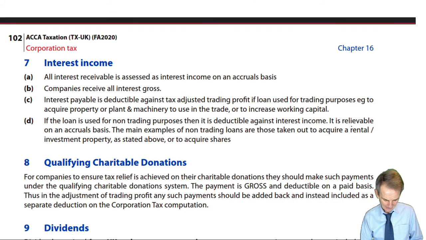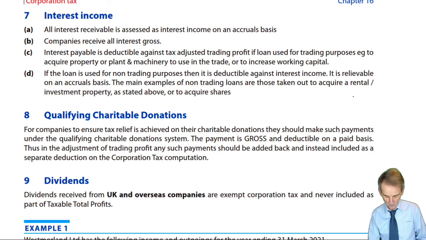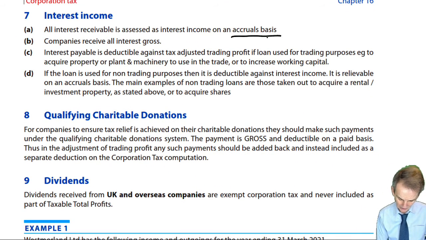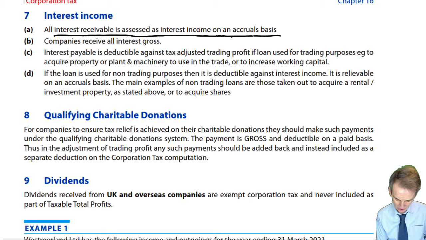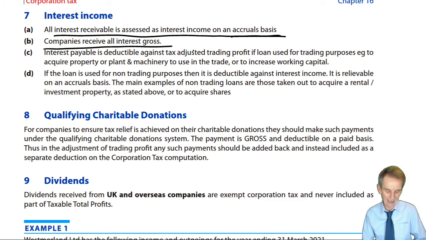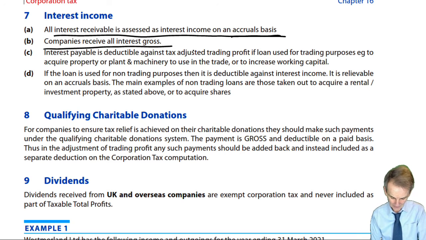Interest income, as we've already said, we're working as with property income on an accruals basis, so all interest receivable is assessed as interest income. Companies receive all interest gross, basically nowadays, as do individuals, at least so far as our syllabus is concerned.